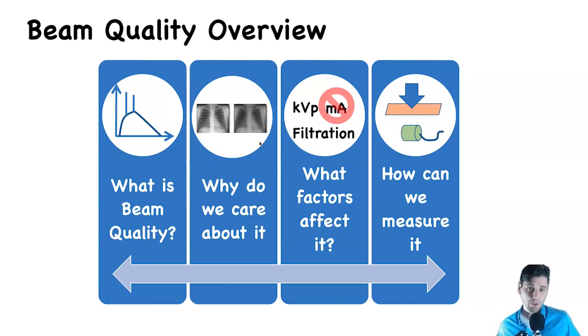But we do have interest in what factors affect it, so we know if we're changing the mA, we don't expect the beam quality to change. And we also want to know how we can measure it, so that if the system isn't acting as we expect, we will have a way to go and do some quality metrics on it.